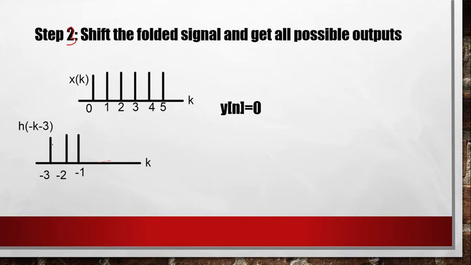Only the new shifted signal exists here, here and here. But when you are interacting, you are not getting any signal to interact at 0, 1 and 2. Naturally, the interaction between the two signals is equal to 0. yn is equal to 0.